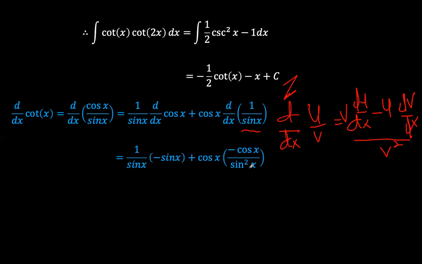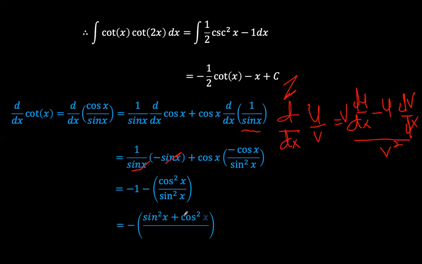So this and this cancel, but we have negative 1 here, minus cosine times cosine, cosine squared x over sine squared x. Which is negative sine squared x plus cosine squared x over sine squared x. This identity is equal to 1.